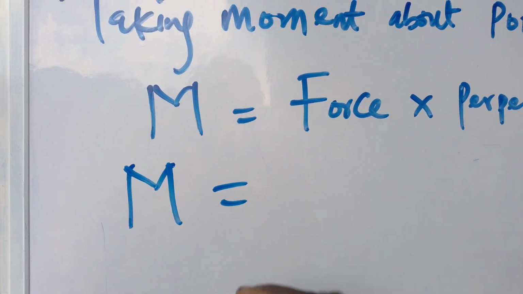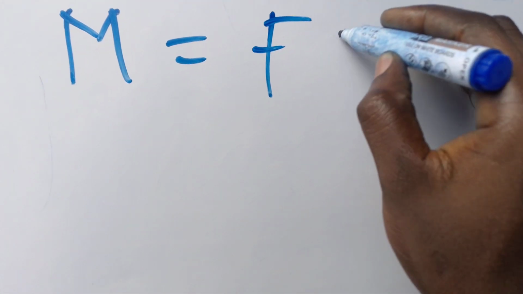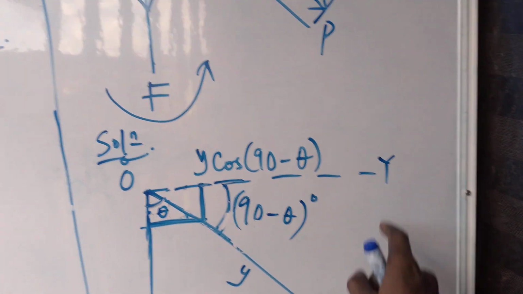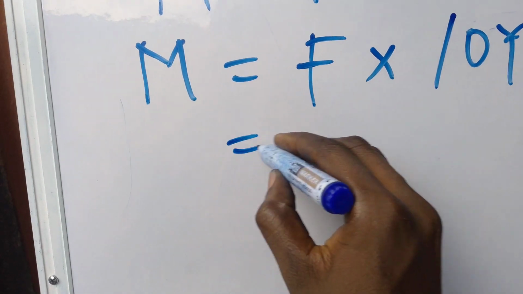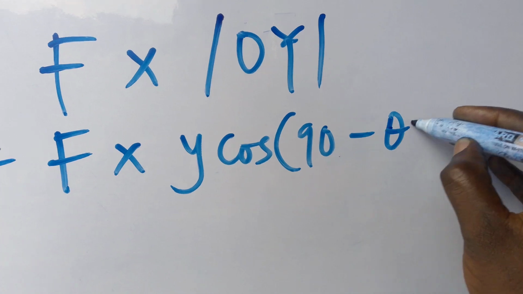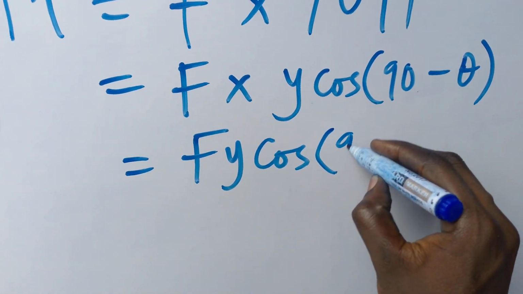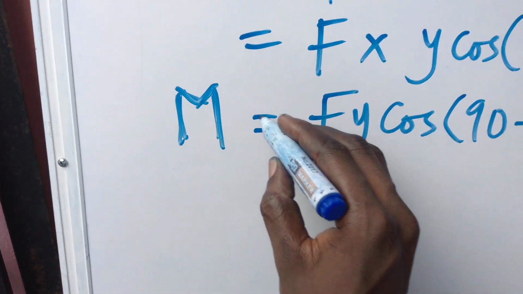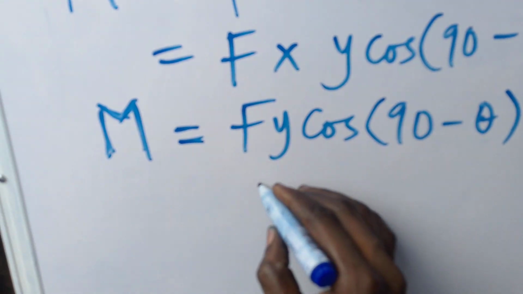My force is F, and my perpendicular distance is distance OY, which is y cos 90 minus theta. So the moment is F times y cos 90 minus theta, which gives Fy cos 90 minus theta.